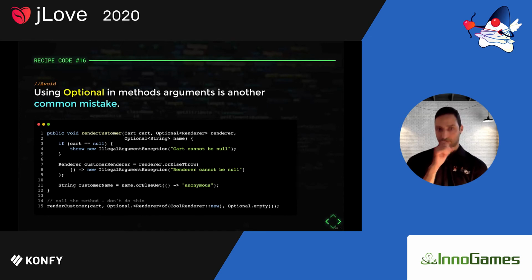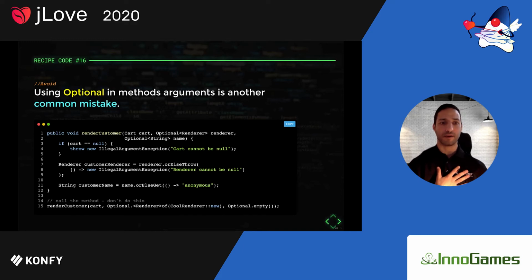Also, using Optional as a method argument is another common mistake. Imagine how complex the call looks. I have a render customer method, I have a cart, and the renderer might exist or not. They would like to avoid null, and the string name is important for me, and I have wrapped them in two Optionals. Wow, oh my God.